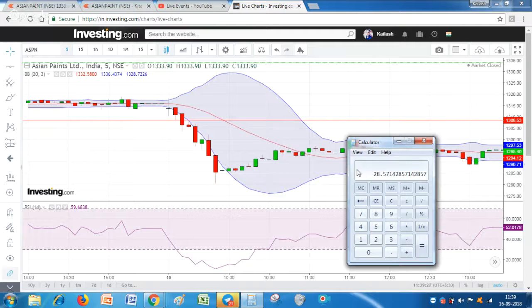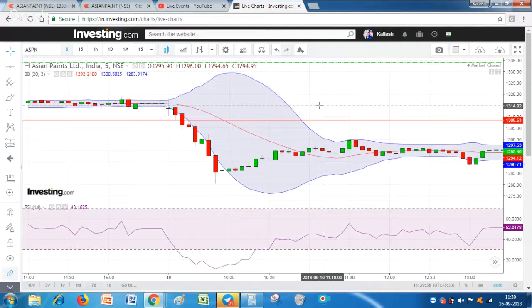So you will go on increasing your risk from 2% to 3%, then 5%, then 10%, and so on, to 50% sometimes. Especially newbie traders, I have seen, don't hesitate to risk their whole capital. They don't know what a stop loss is.